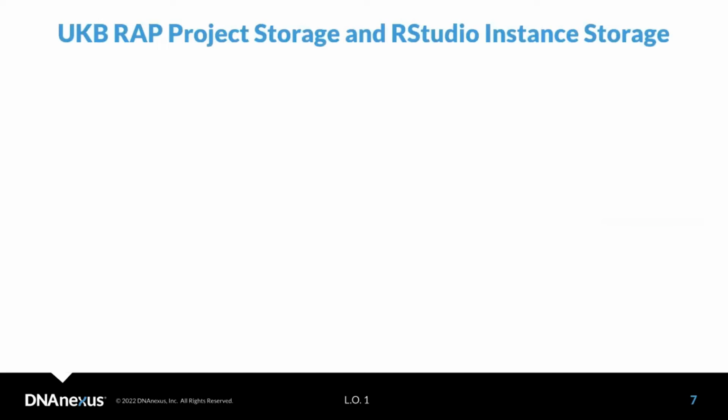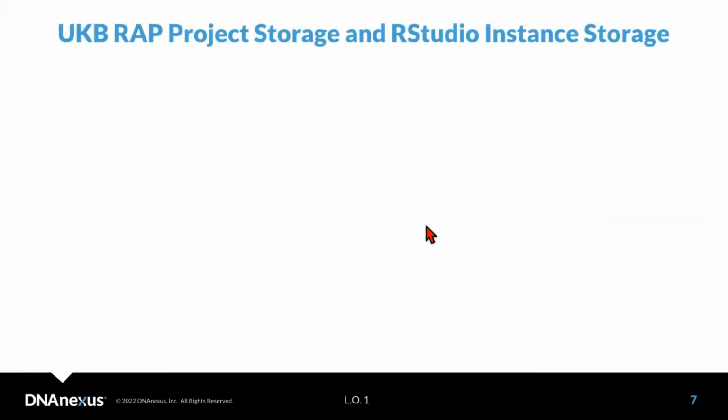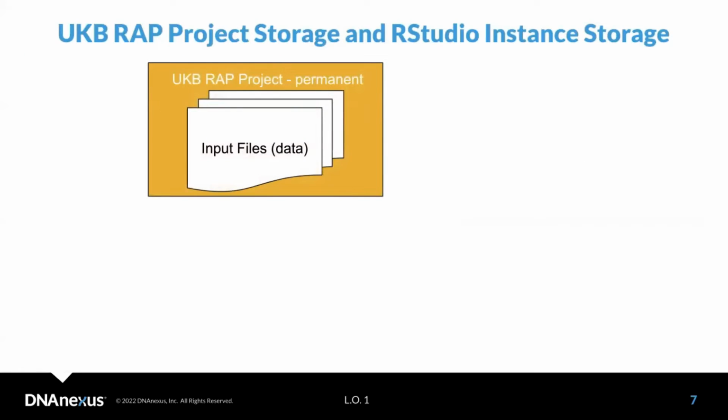And with this cloud-based analysis schema, we have two different types of storage. Maybe you noticed it here. This is something which we call project storage, and this is what I said is the temporary worker storage. So what is it conceptually? We have a UKB RAP project.